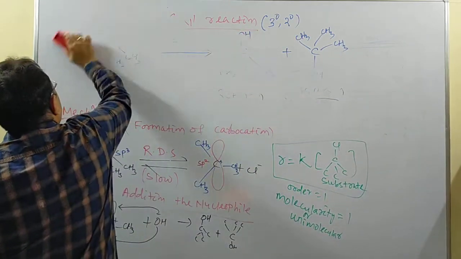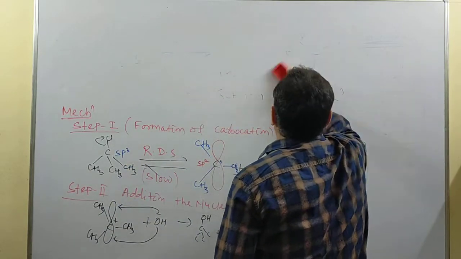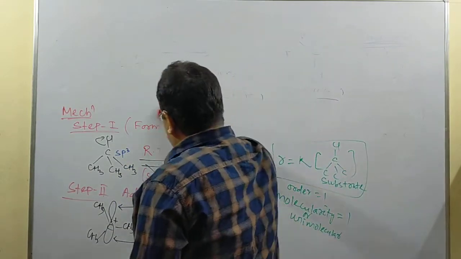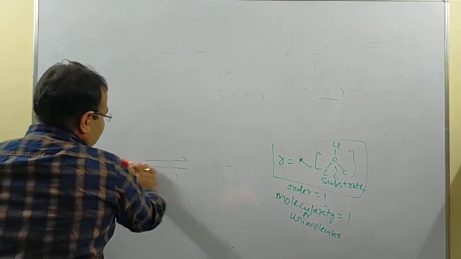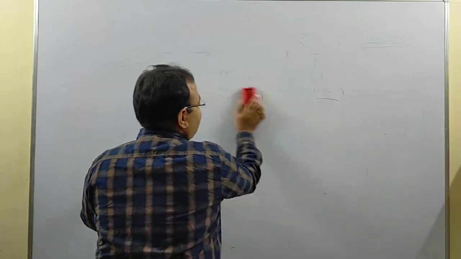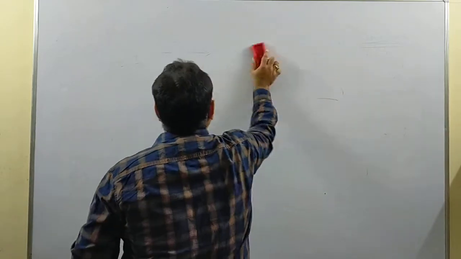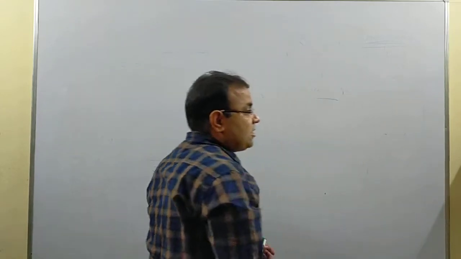Next one includes, if the molecule is a 2 degree one, how will we decide whether it will show SN1 or SN2? I have said the solvent will decide, and for SN1, a 2 degree one can show SN1 reaction in the presence of polar protic solvent. What is polar? What is protic?